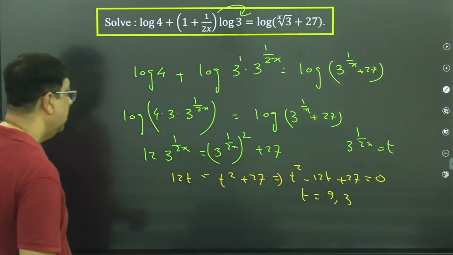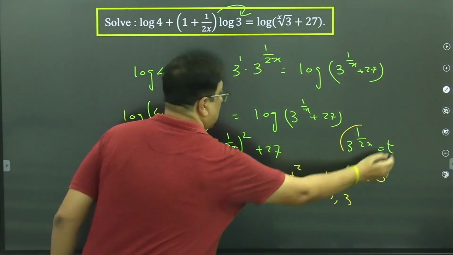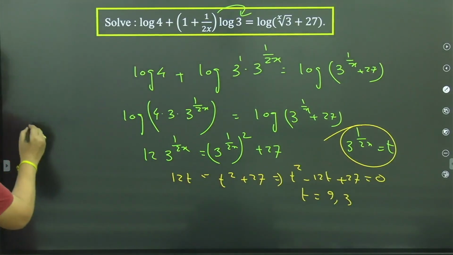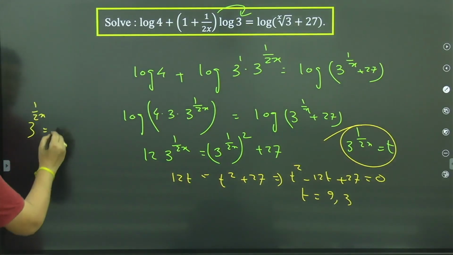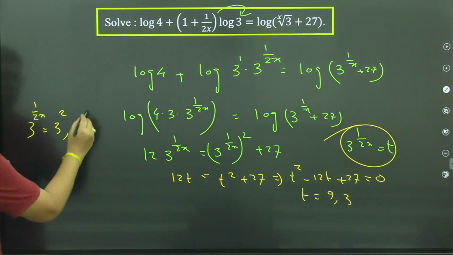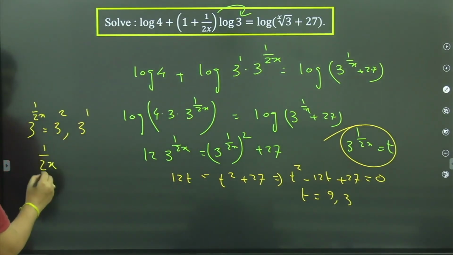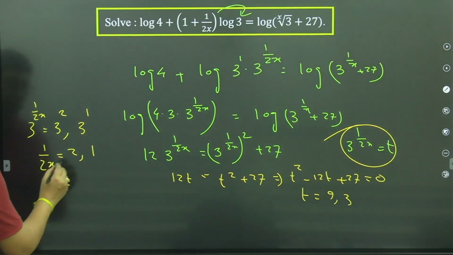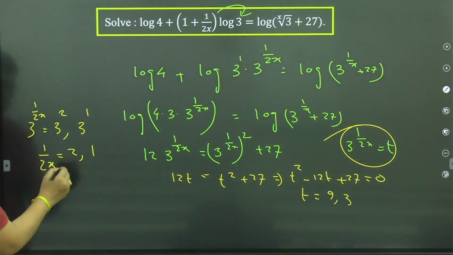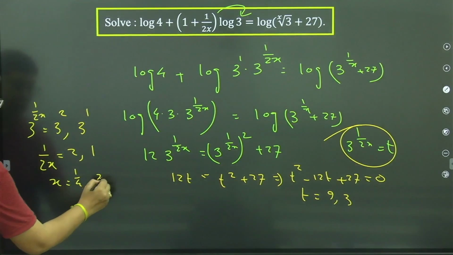Therefore t का मतलब क्या, we have taken this as t, so we can write here 3 to the power 1 by 2x equal to 3 to the power 2 or 3 to the power 1. So equate the power 2 or 1. So x equal to क्या होगा, ये दोनों को इक्वेट करने से x equal to 1/4 और x equal to half.